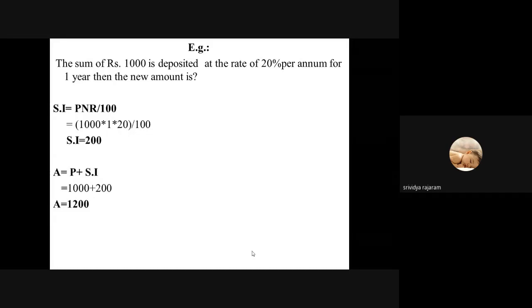A is equal to P plus SI. So P value we know it is rupees 1,000 plus SI is the value which we calculated before, it is 200. So 1,000 plus 200 is equal to 1,200. So the new amount value is rupees 1,200. So clear with this example of how to use the values and how to substitute?